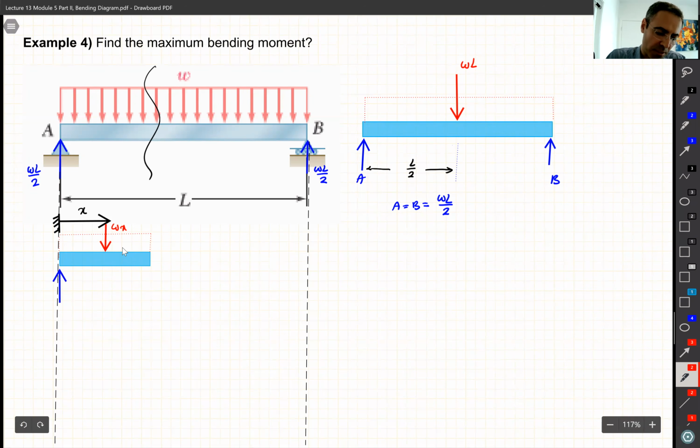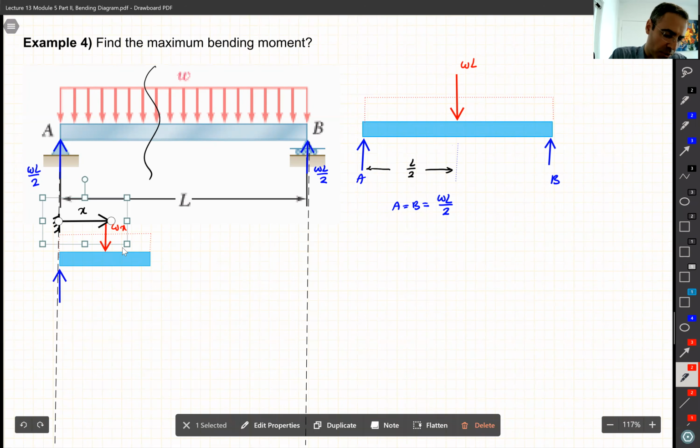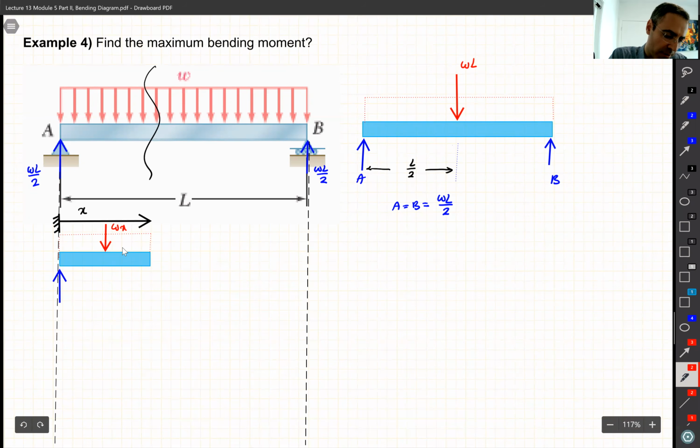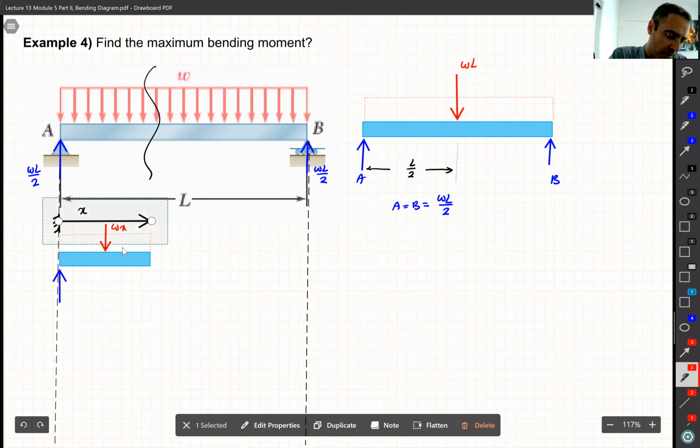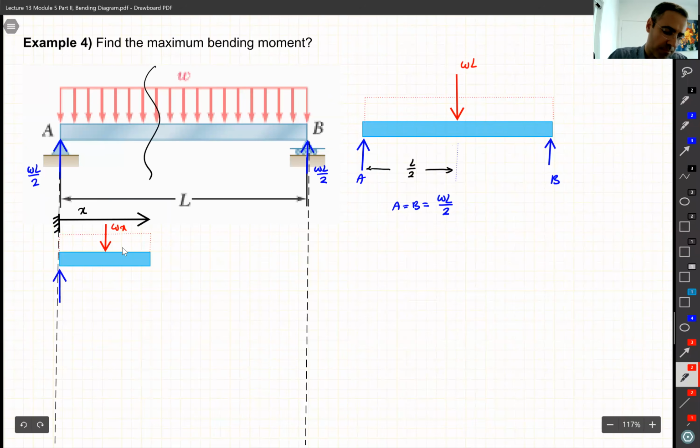Because remember, we just use the X portion, from here to here is X, where we did our cut. So if that's X, then this distance is going to be X divided by 2, and this one is going to be X divided by 2.